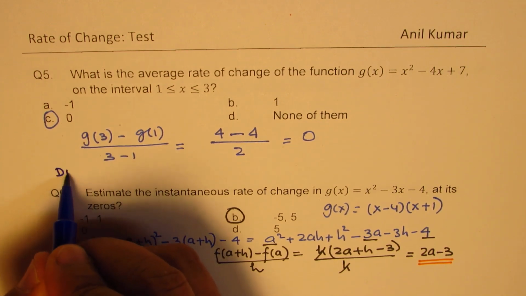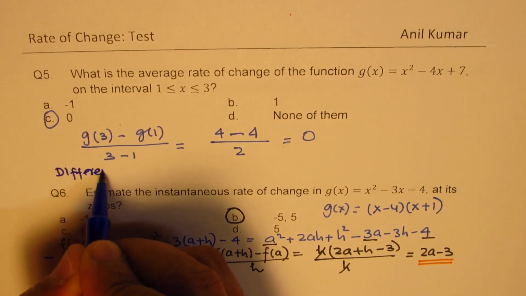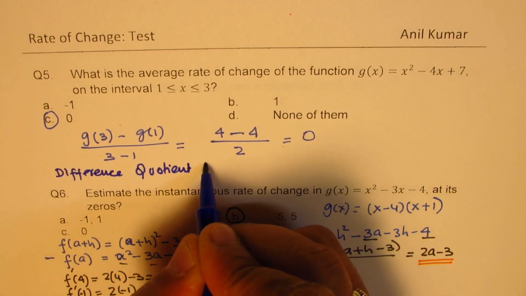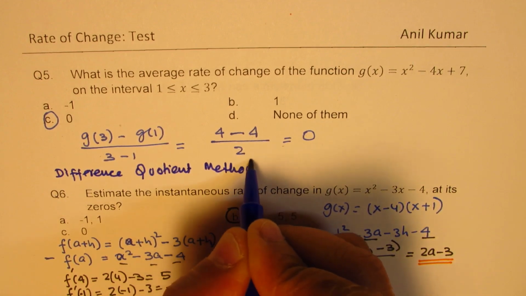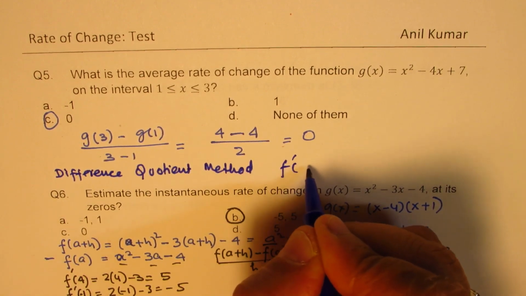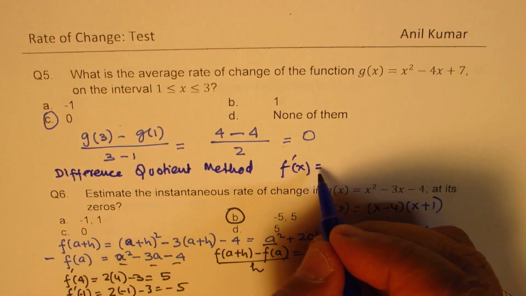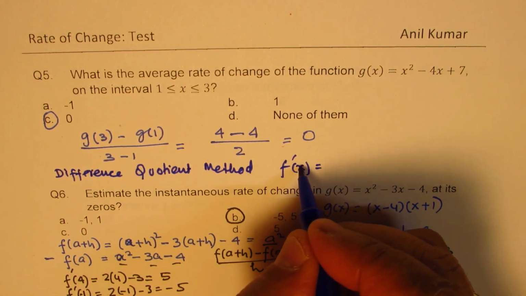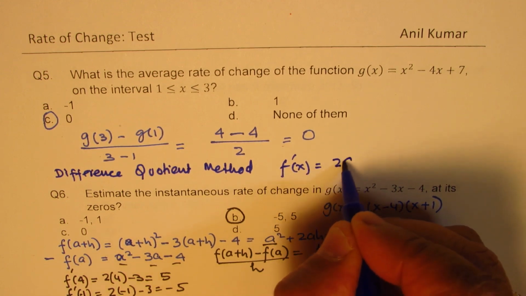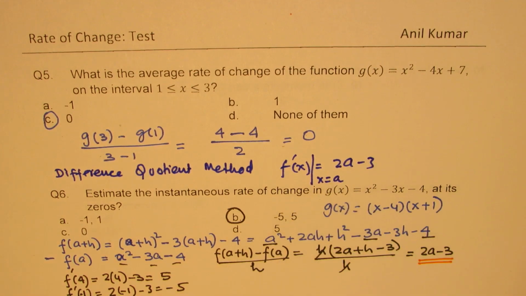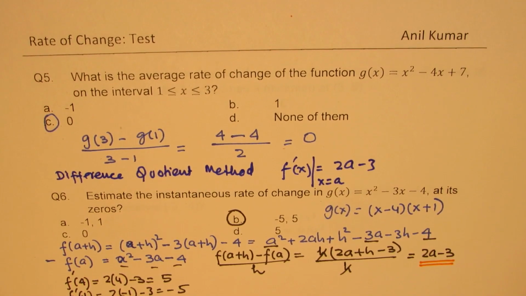So we found that the general rate of change at any point a is 2a minus 3 for x equals a, correct? And then we substituted the value and found the answer. So I hope that makes sense. Let's move on and take the next question now.